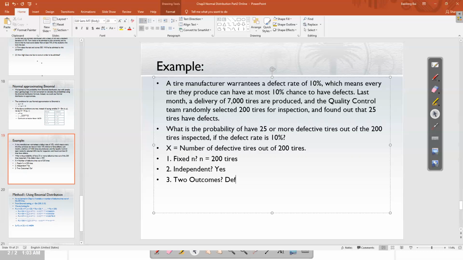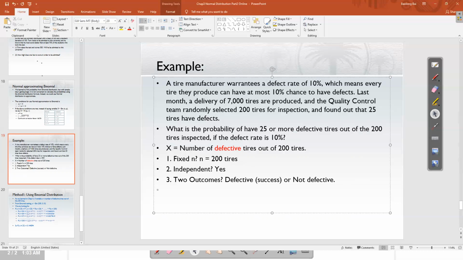Yes, either defective or not defective. Between the two outcomes, one is success and the other is failure. Which one's success? You need to look at what outcome is being counted. You're counting defective tires, so defective is success.